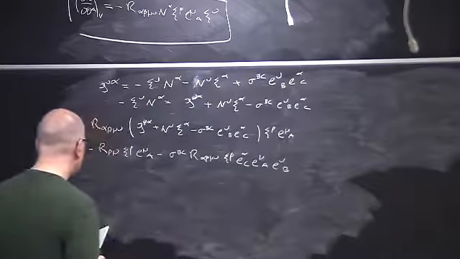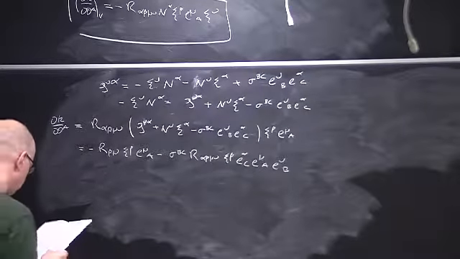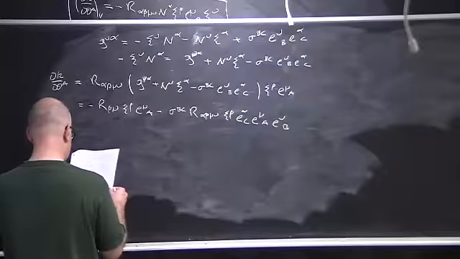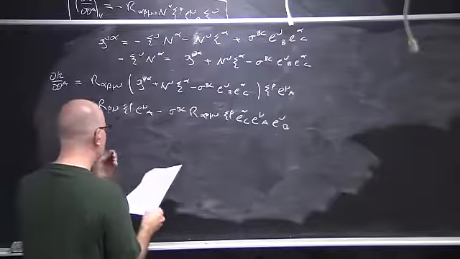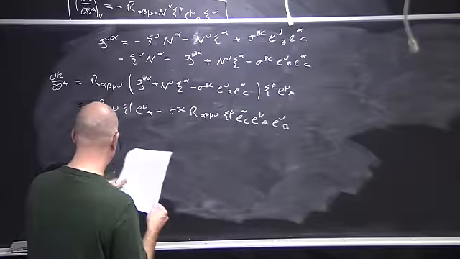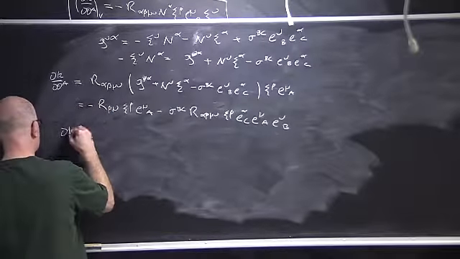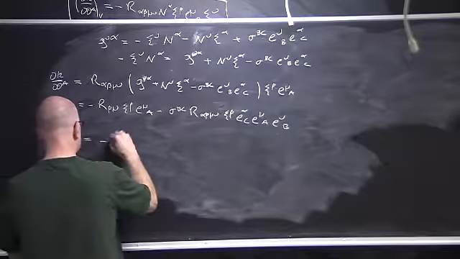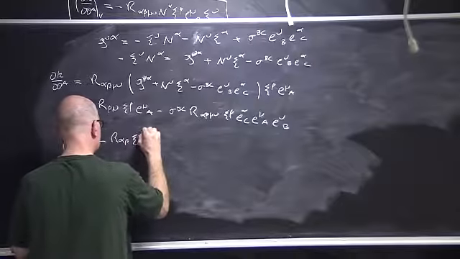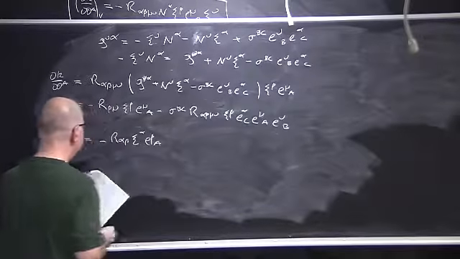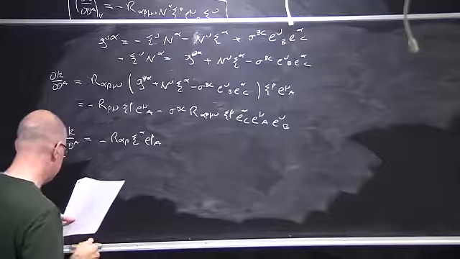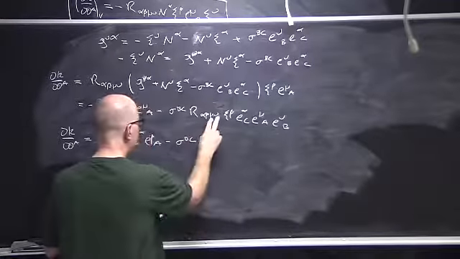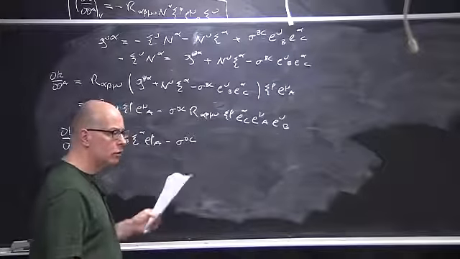So let me just rewrite this in a slightly different form. For the second term, I get this. I'm just relabeling the indices. What I'm going to do is to switch the pair of indices here so that I can write it in a cleaner way.